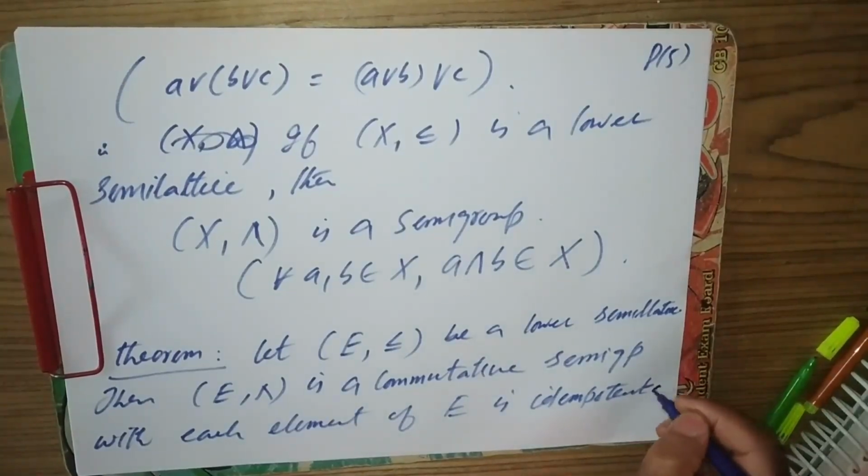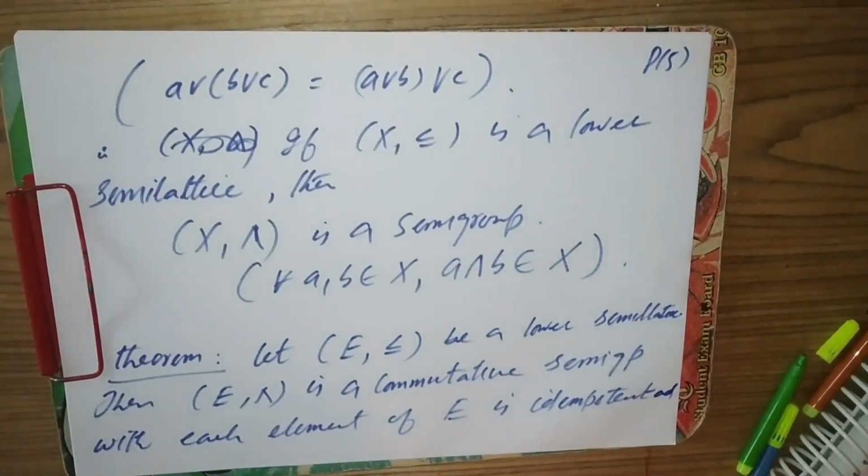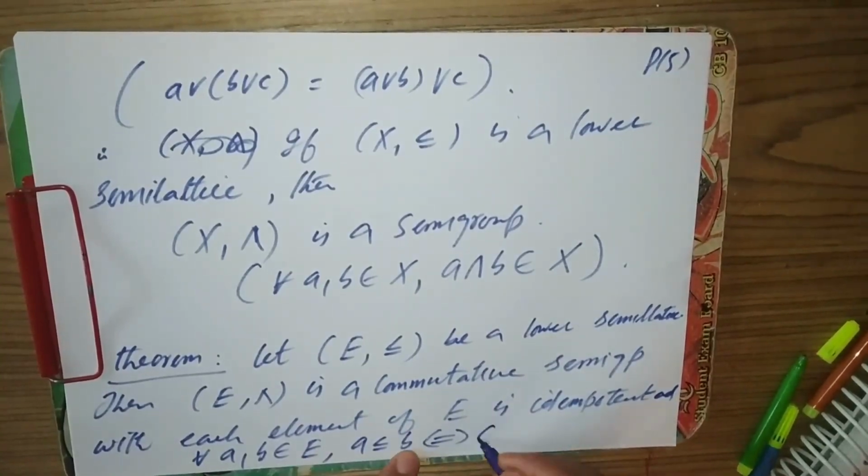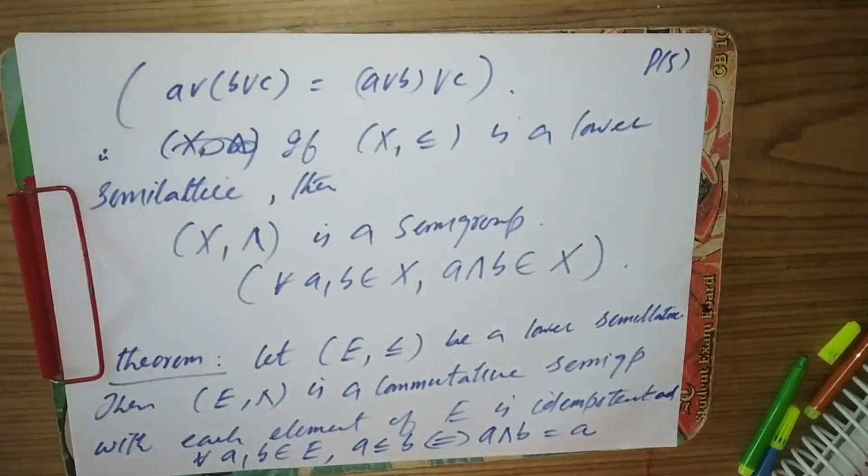And not only this, for all A, B belonging to E, A is less or equal to B if and only if the meet of A and B is equal to A.